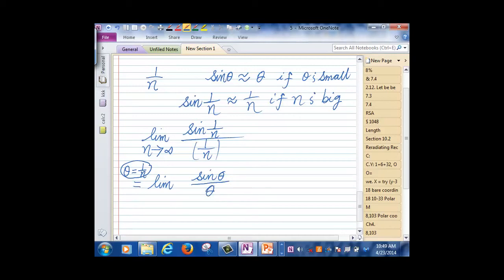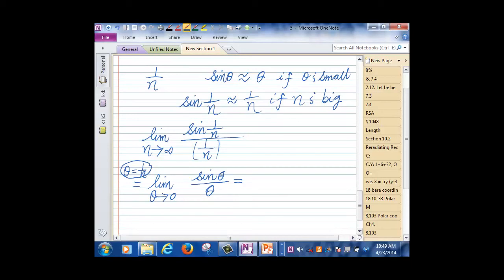Now, if n goes to infinity, theta goes where? To 0. If you look at the limit as theta goes to 0 of sine of theta divided by theta, what is that? Just because the numerator has limit 0 and the denominator has limit 0, 0 over 0 doesn't mean the limit doesn't exist.